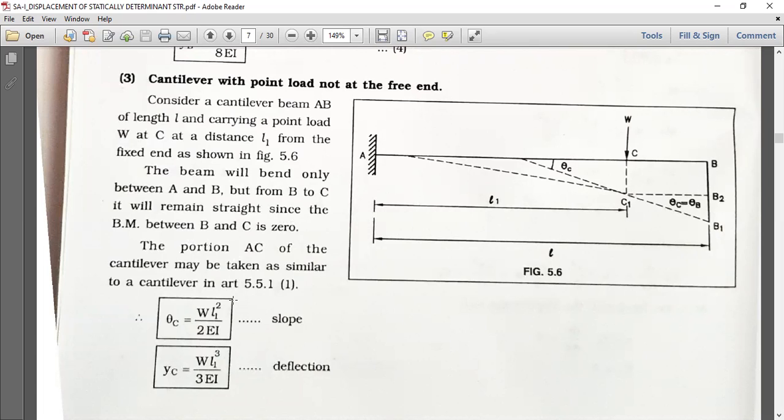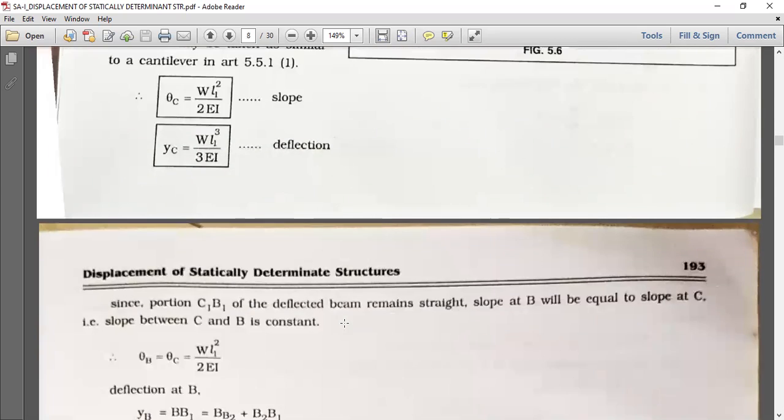So theta C, as we discussed in the previous lecture, is equal to W L1 square divided by 2 EI, which is the slope, and similarly YC, the deflection, is equal to W L1 cube upon 3 EI.